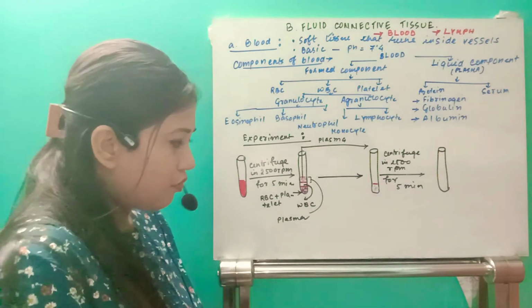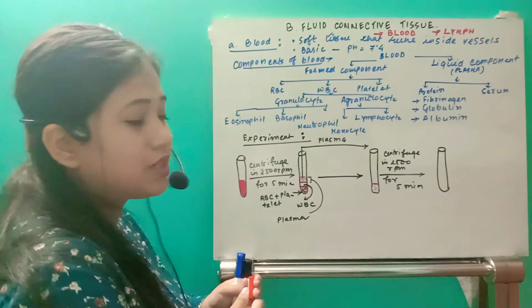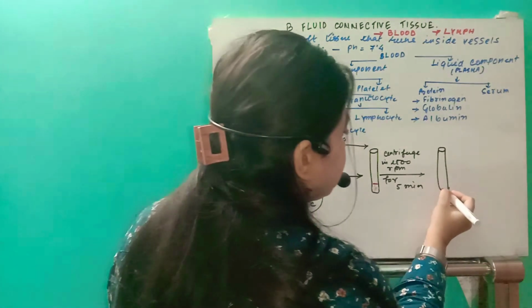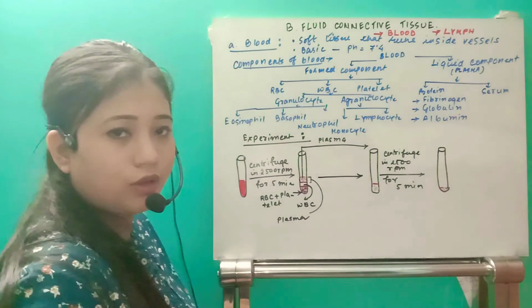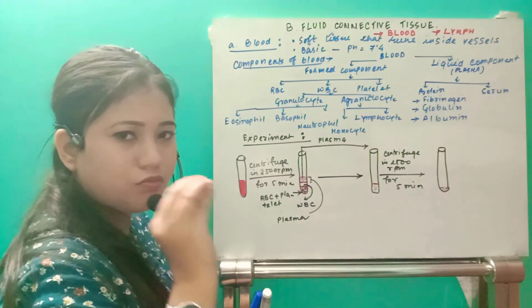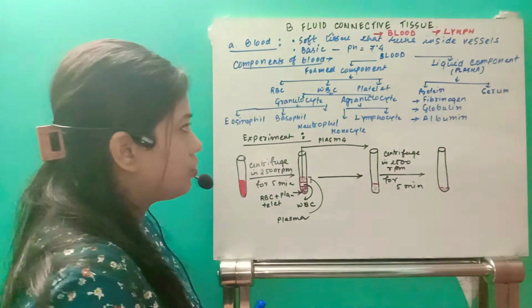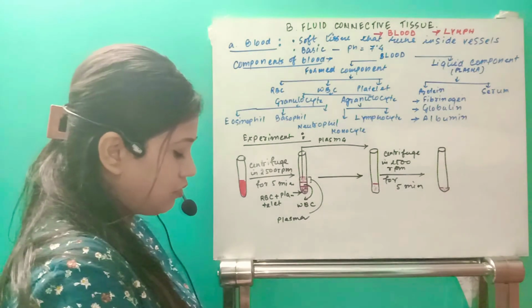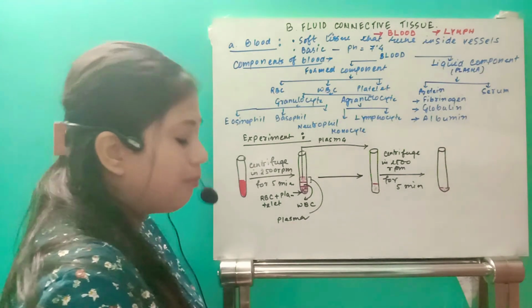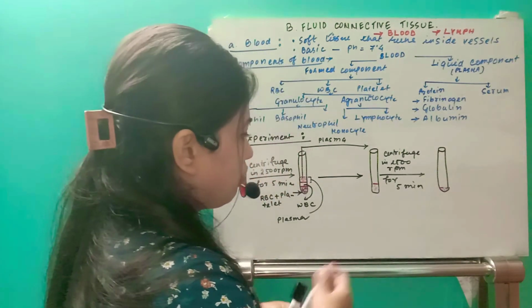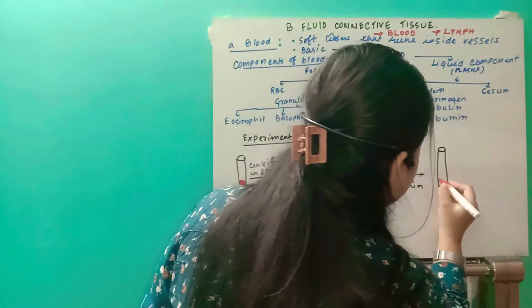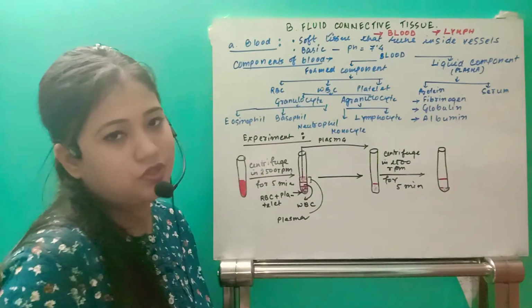So first, towards the bottom we will see some type of crystalline, small globule-like, granule-like structure deposited, and above there will be a transparent, whitish layer.